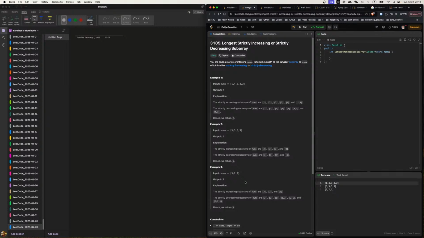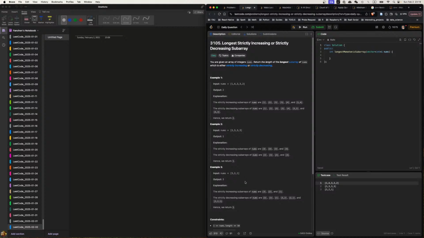So subarray means maybe there's an easier way. For example, you just compare adjacent elements. If it's increasing, increasing, and then you hit a decreasing, then you just swap it out, and decreasing. I think we just go through the whole thing.